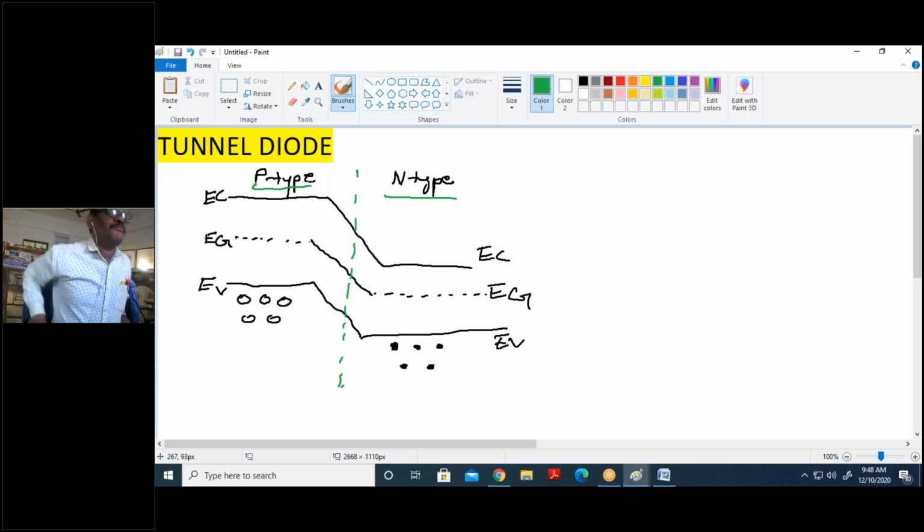Okay. Now, this is without biasing energy band diagram. With biasing, all majority of electrons tunnel from N layer to P layer with respect to band. This is without applied voltage.